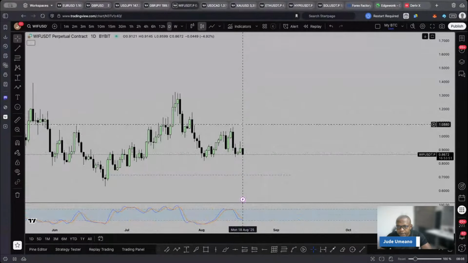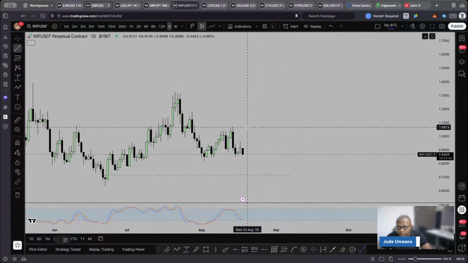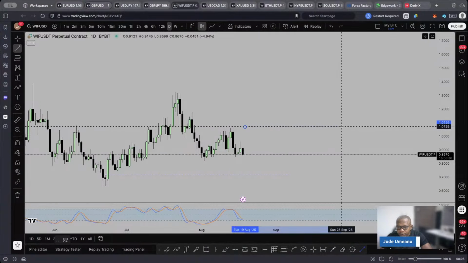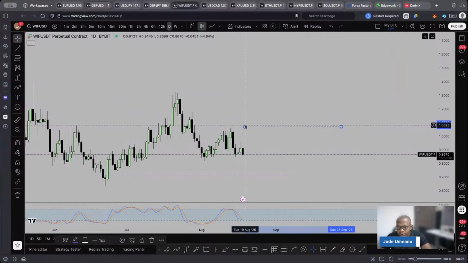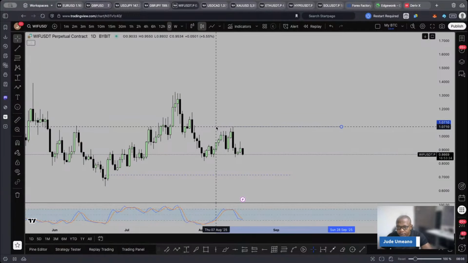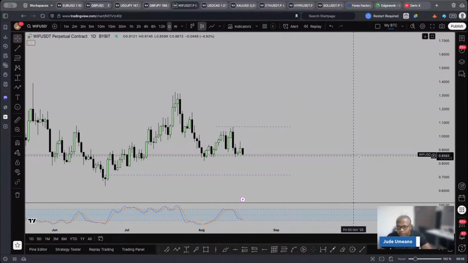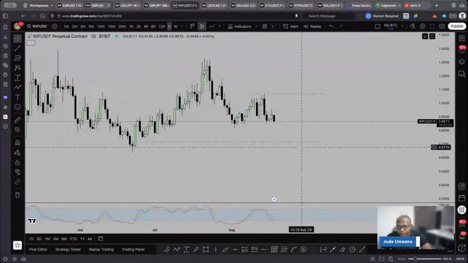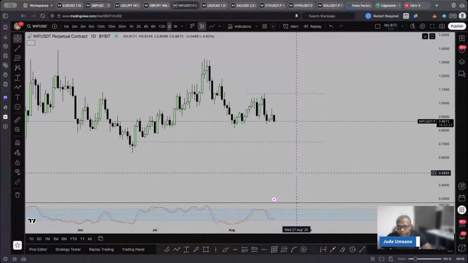Then we also have a small demand zone here. So I'm also going to mark the top as our range for WIF. This is my range for WIF.